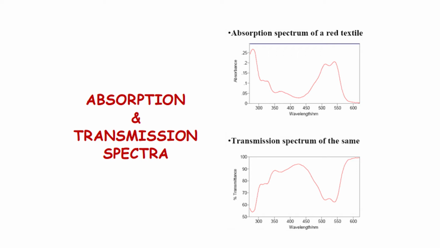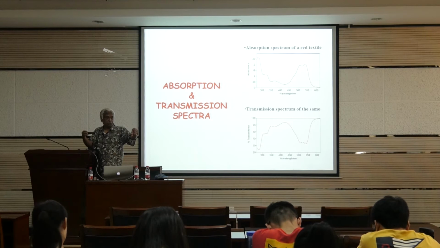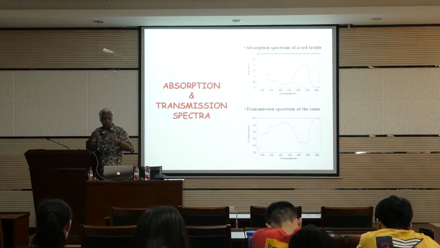So what happens is, the light is going through, you have a sample, and then on the other side you measure what light is coming out compared to what you put in. You plot this with respect to wavelength. If the compound is absorbing the light, that wavelength is not going to appear on the other side.